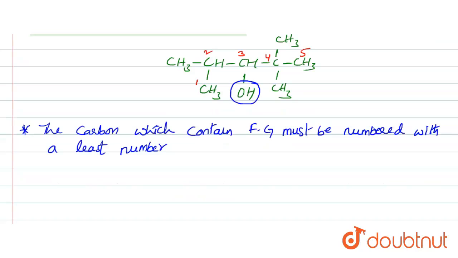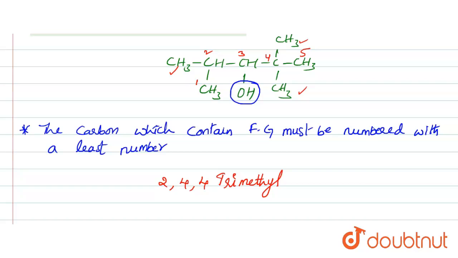So if we write the name of the compound, first we have to write the substituent, that is secondary prefix. So we have methyl groups here. 1, 2, 3 methyl groups. These are the substituents. So they are at the positions of 2 and 4, 4. We have 3 methyl groups. That's why we have trimethyl.